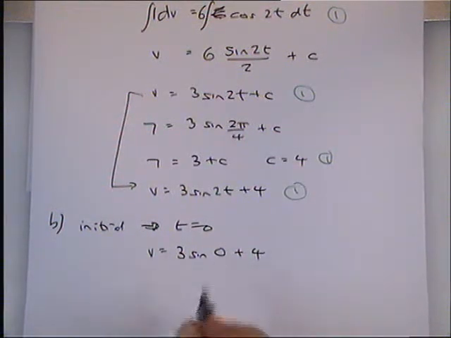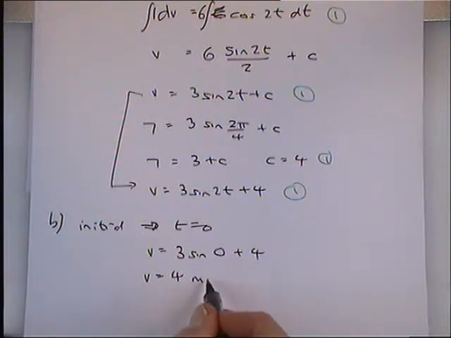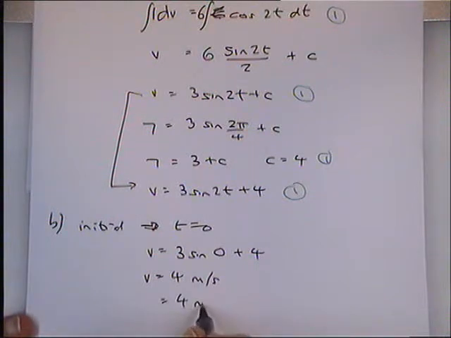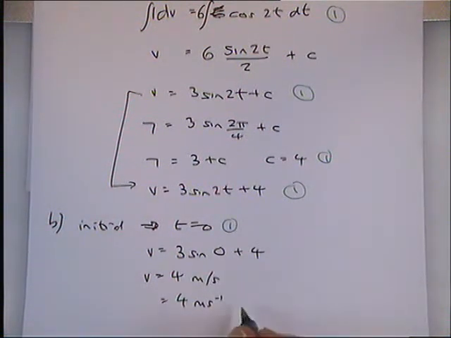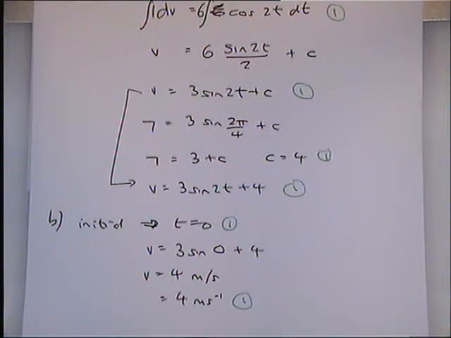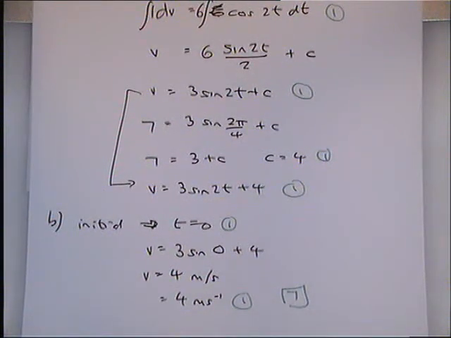Sine of 0 is 0, so I get v equals 4. I ought really to put my units in, and we were dealing with meters per second. You can either write it like that, or those of you doing mechanics probably prefer writing it like that. Doesn't really matter. So I gave a mark for spotting that you had to put t equals 0 in, and I gave a mark for getting the 4 down there, so that should be a 7-mark question altogether.